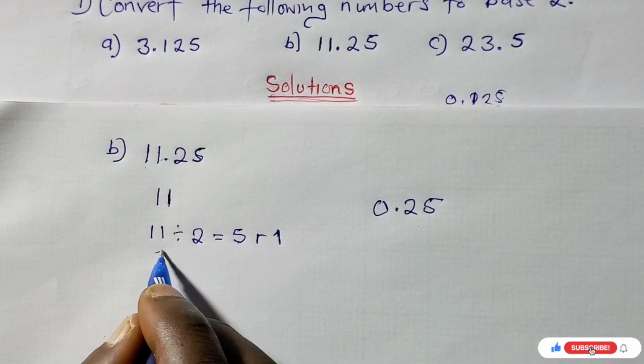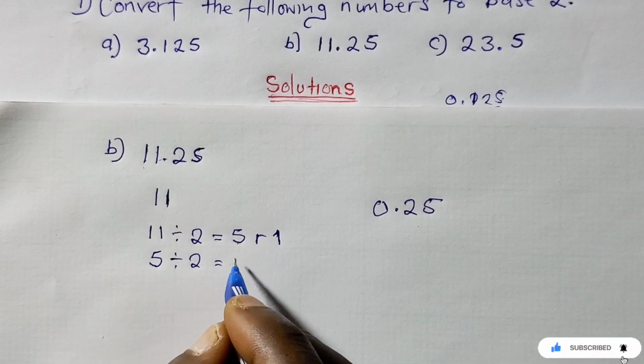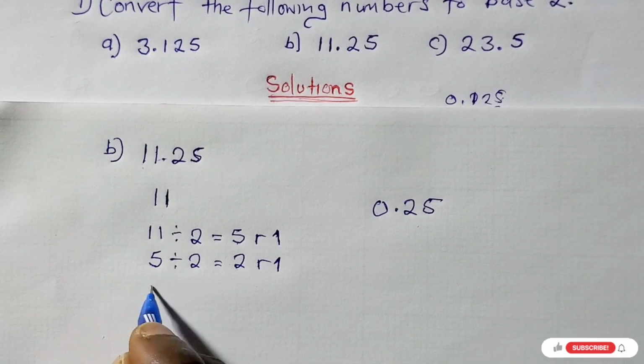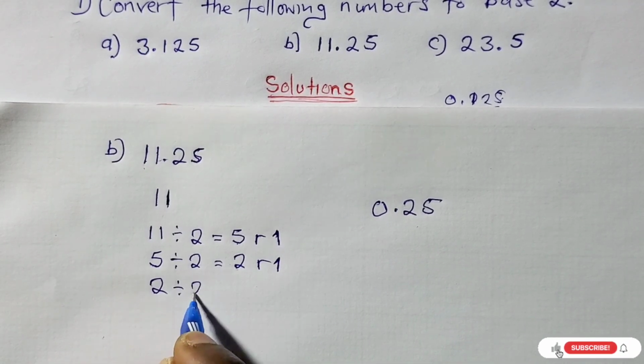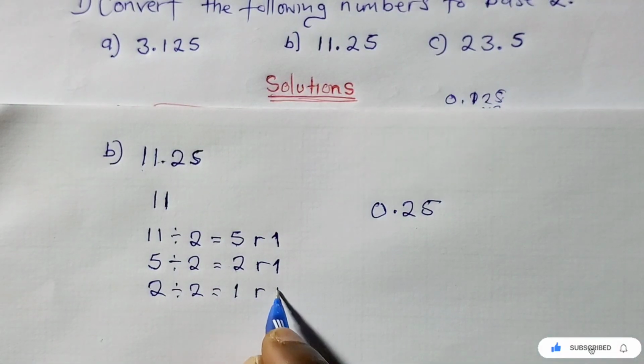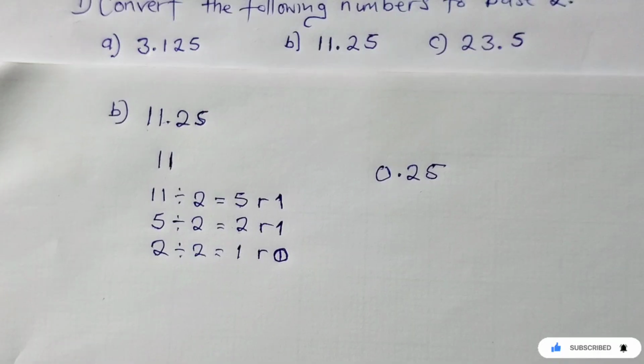Then we have a 5, so 5 divided by 2 is 2 times remainder 1. We have a 2. 2 divided by 2 is 1 remainder 0. Are you following?